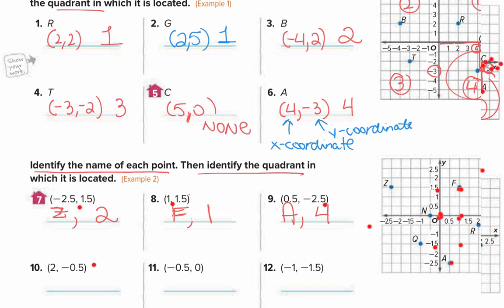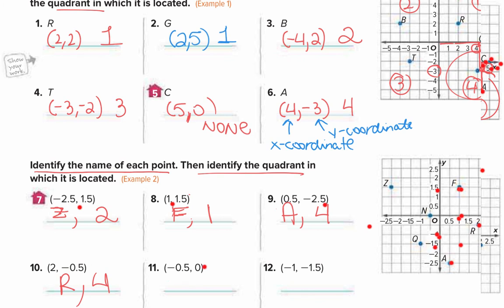So start at the origin. We have to go 2 to the right, down -0.5. So that would be right here because I know that one more is -1. So if I went half less than that, that's -1/2. So that takes me right here, which is point R. And point R is in quadrant 4.